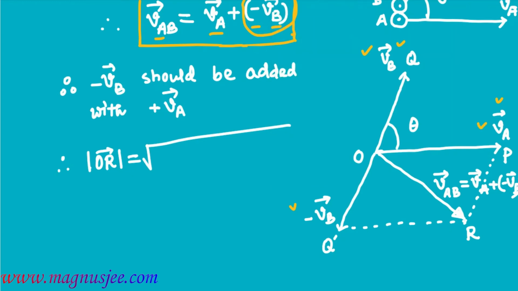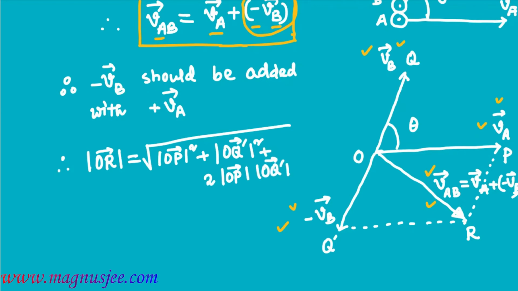That's why, according to the law of parallelogram of vector addition, mod vector OR is equal to root over mod vector OP square plus mod vector OQ prime square plus 2 mod vector OP mod vector OQ prime cos 180 degree minus theta.